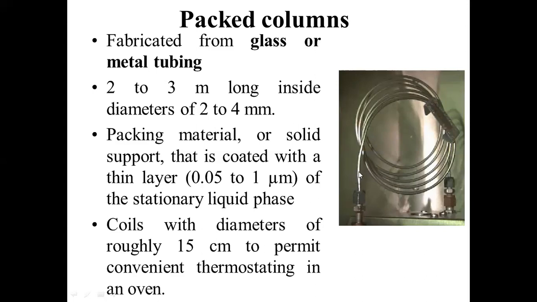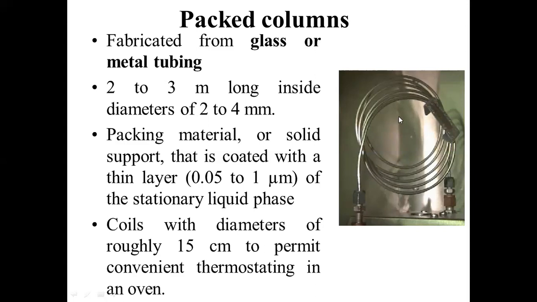The internal diameter is the space available for the passage of the components through the column. The length is calculated from the tip of one end to the other end, 2 to 3 meter.